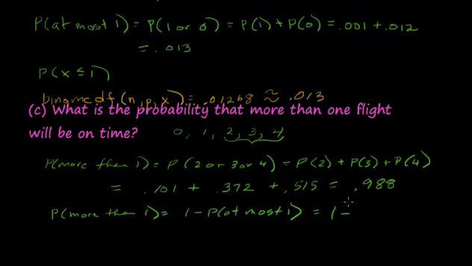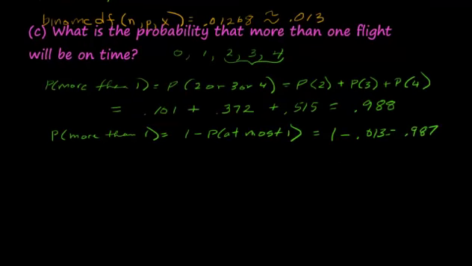We got, there it is, 0.013, and here we get 0.987. Now they're not exactly the same off in the thousandths place, however, that's just a rounding difference. Okay, let's go on to the next part then.